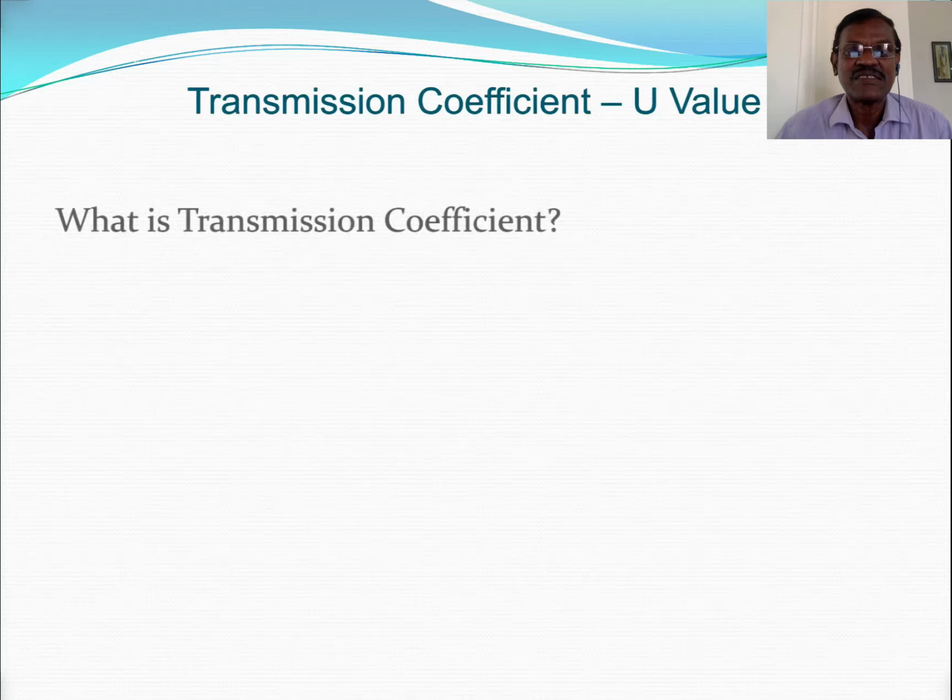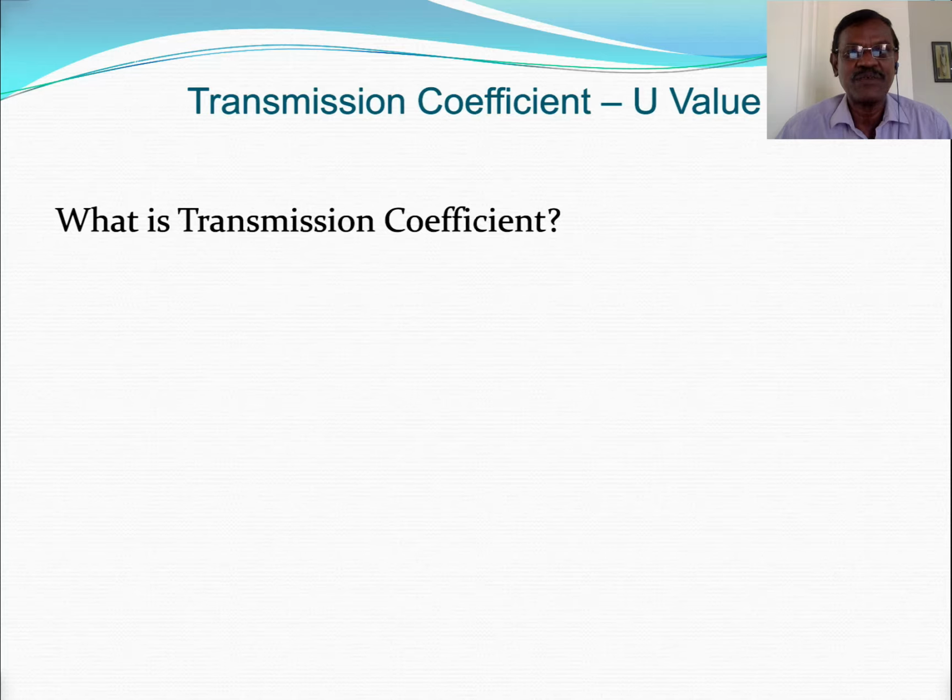Now we will see what is transmission coefficient. So we all know that when a building is constructed, there will be a heat transfer from higher temperature to the lower temperature, depending upon the resistance of the building material.